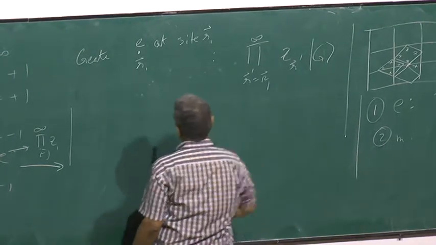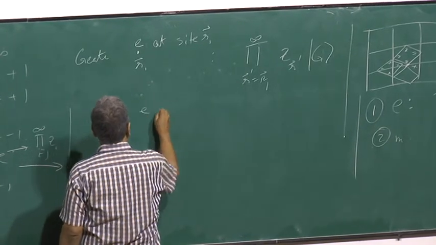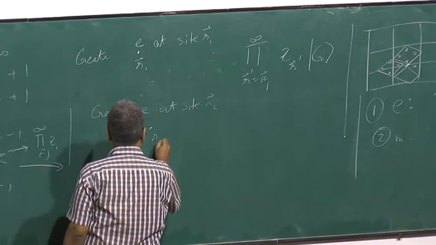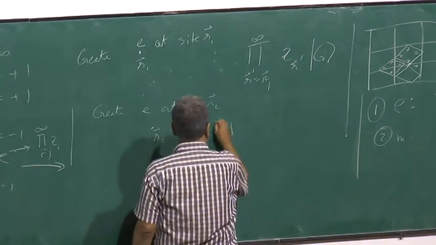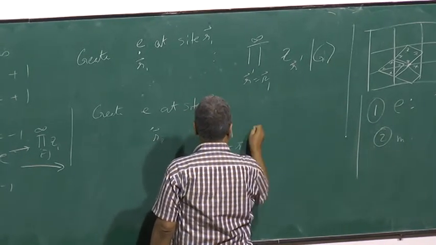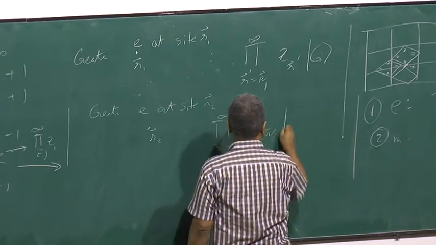Then you can create an electric charge at site R2, that goes from R prime equal to R2 to infinity, Z R prime acting on the ground state.